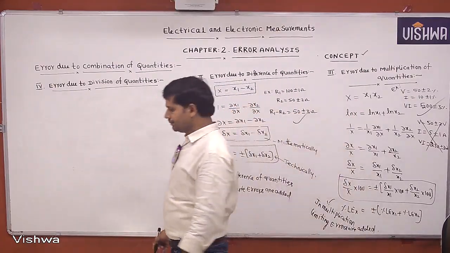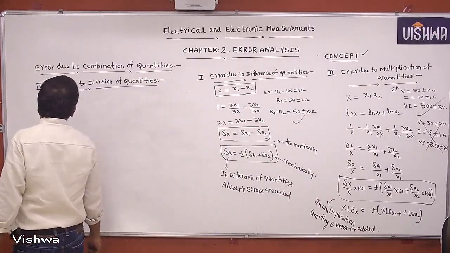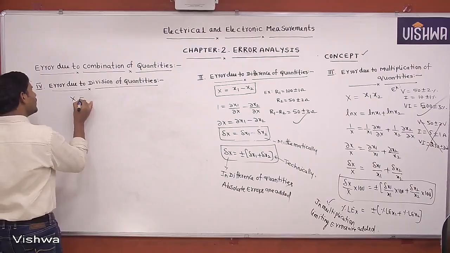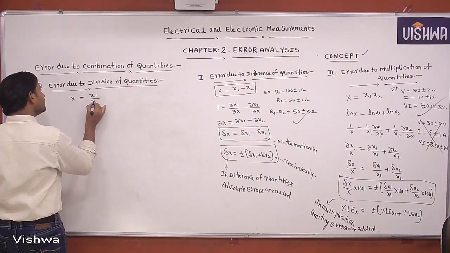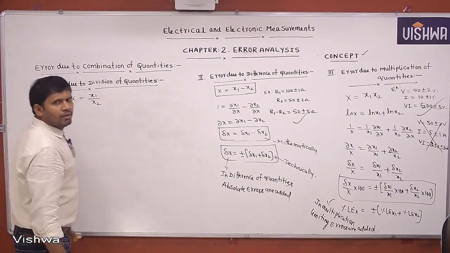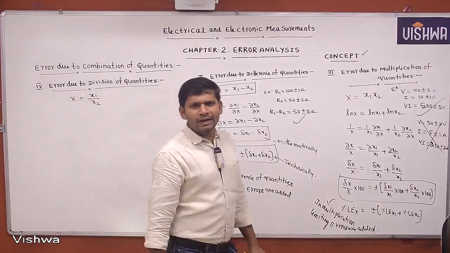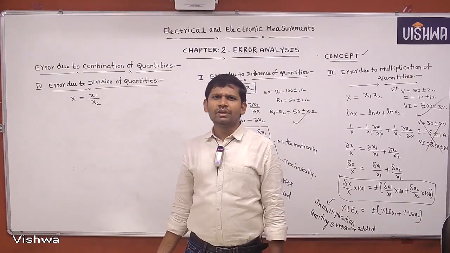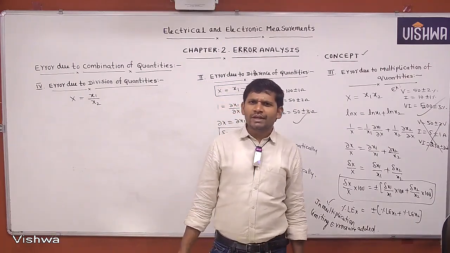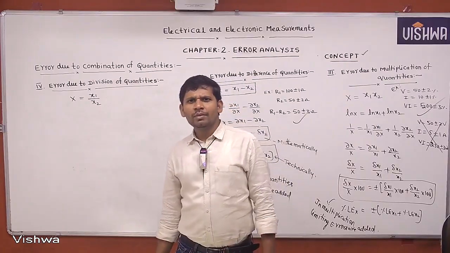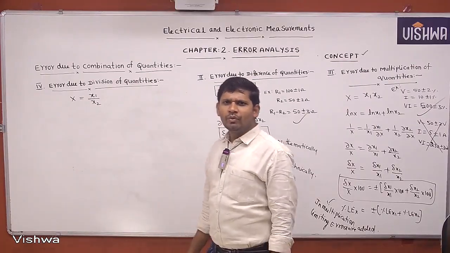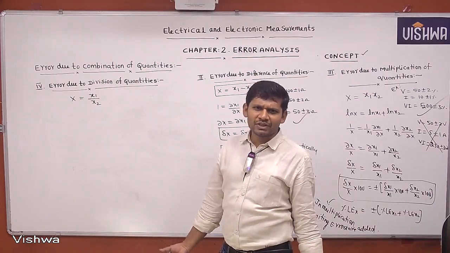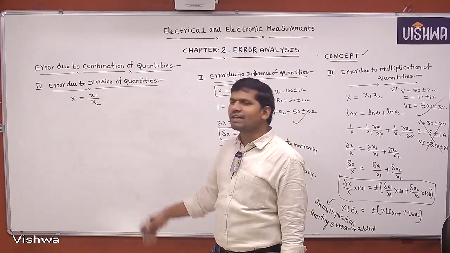In a particular experiment, let x equal to x1 by x2. For example, we are conducting an experiment on electrical machines. We measure the output, there is some error in the output. We measure the input, there is some error in the measurement of input also. Then we are measuring efficiency, output by input. Again, what is the error in the measurement of efficiency that you want to calculate? Then you go for this analysis.